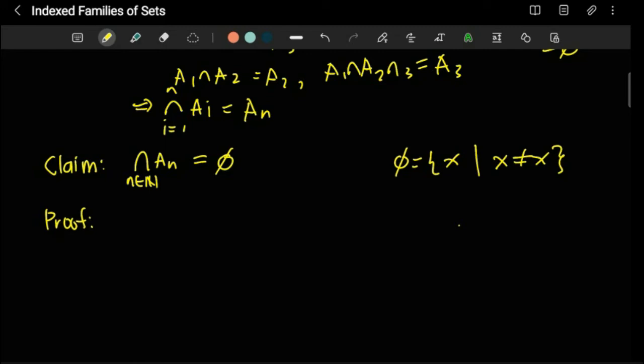So meaning, wala siyang laman. So, we will assume that the set is not empty and we will show that if it is so, then we have a contradiction. So we're going to prove this by contradiction. That's the usual way to prove that a set is empty. Okay. So we are proceeding by contradiction, ha?